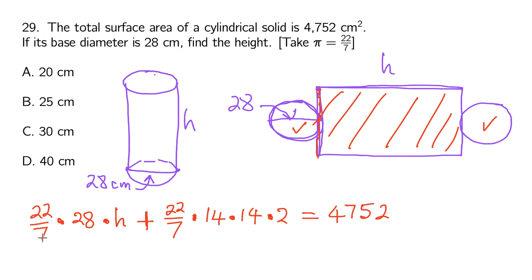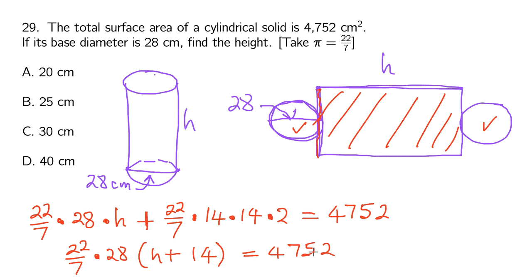We have 22 over 7 here, 22 over 7 here. We have 28 is 14 times 2. So we have 28 here, 28 here, so we can factorize that out. We get 22 over 7 times 28 into h plus, when you take the 22 over 7 and the 28 away, you have h plus 14, and that is equal to 4752.